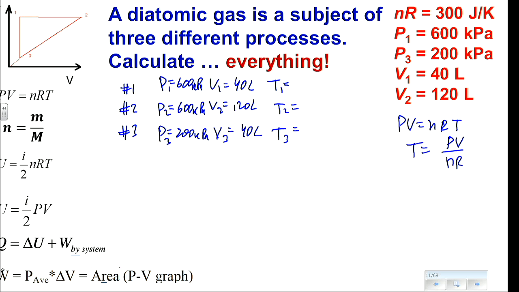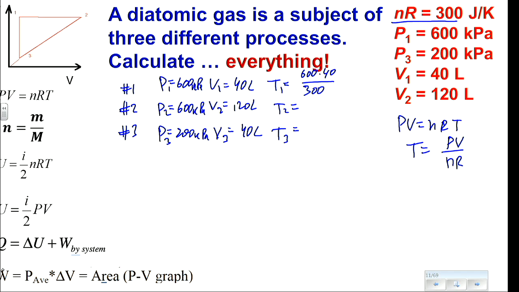So in this situation, what is temperature equal to? PV, 600 times 40. And we know that kilo and liter cancel each other, divided by this number, 300. This number is given just for convenience.